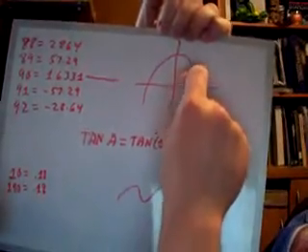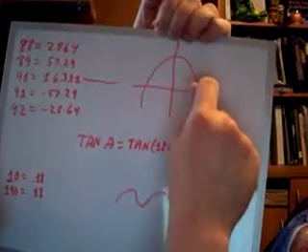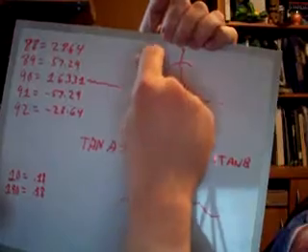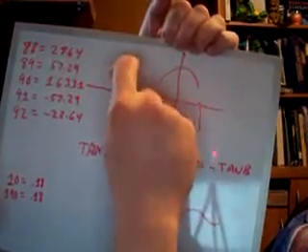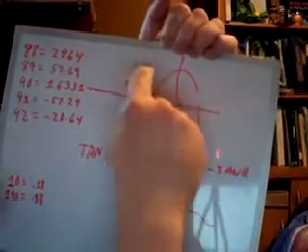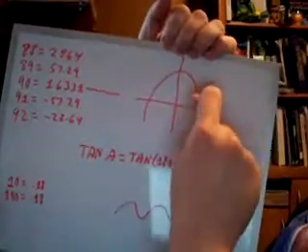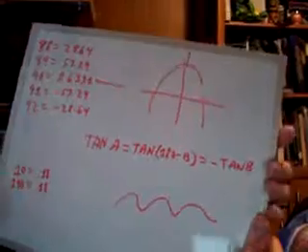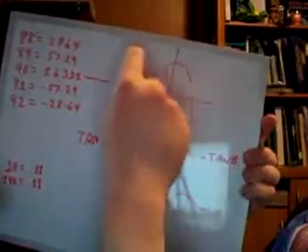Let's say these points are like 2, 3, 4, 5, and 6 on the x-axis. Well, over here you have 2, 3, 4, 5, and 6 as well. It's just that these are negative and these are positive. That's the only difference. Okay? So they're the same numbers, they just happen to be on different sides. Just like I was saying.